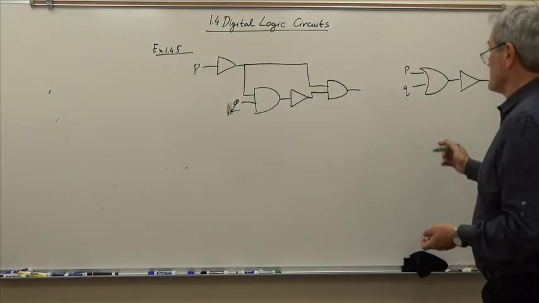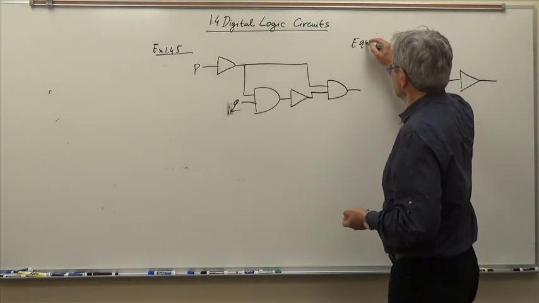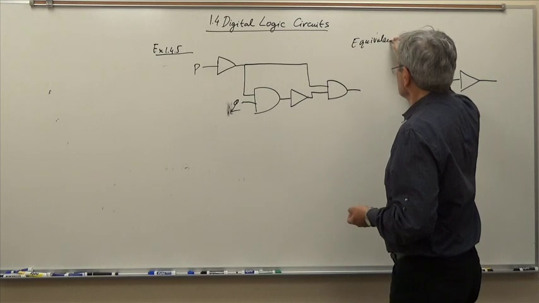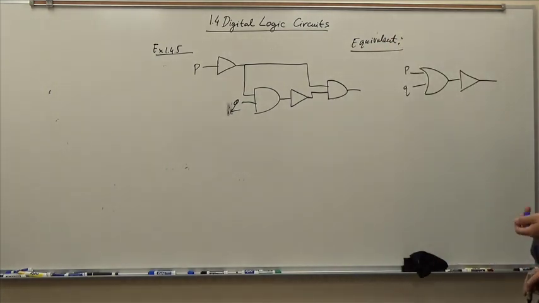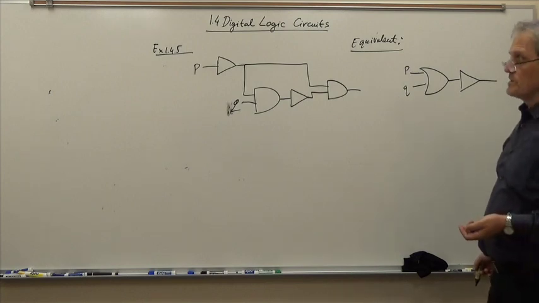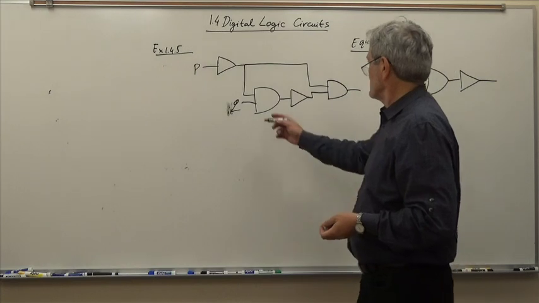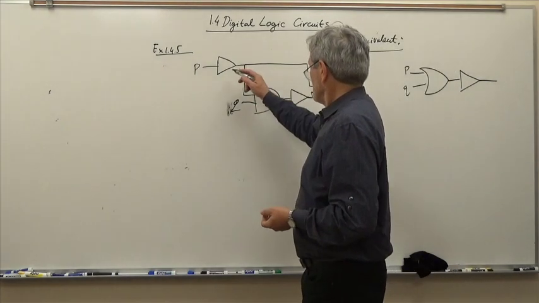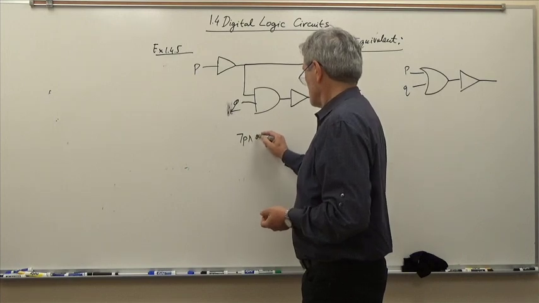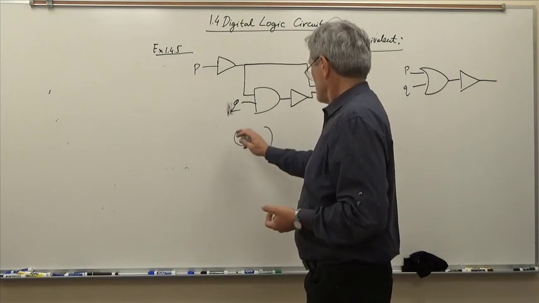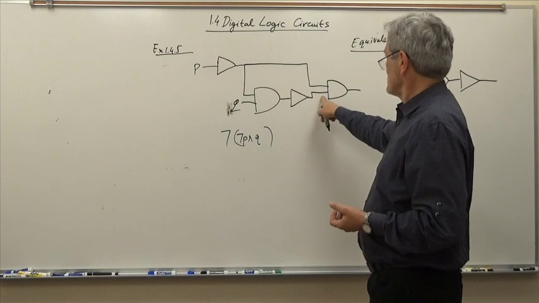How do I show that they are equivalent? Generally, the easiest way is just to recognize the appropriate formula and then to show that formulas are equivalent, building the truth table. So what would that be? So this one here, this is not P and Q. Then it was inverted here.